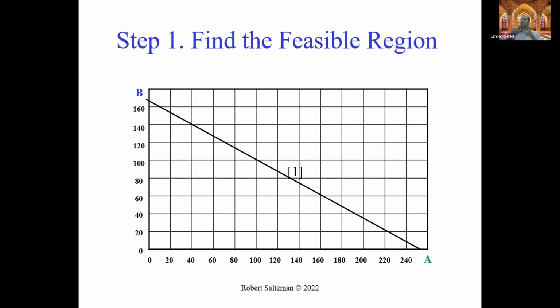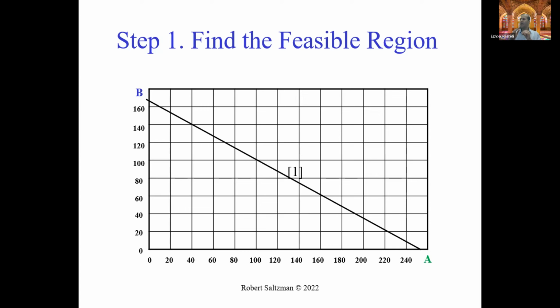So the next step is: which side of this constraint line is the feasible region? A good practice here is to find a point on one side and see if it's feasible for that constraint. The constraint was 4A plus 6B less than or equal to 1,000.